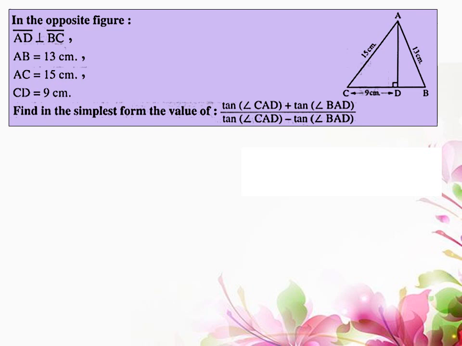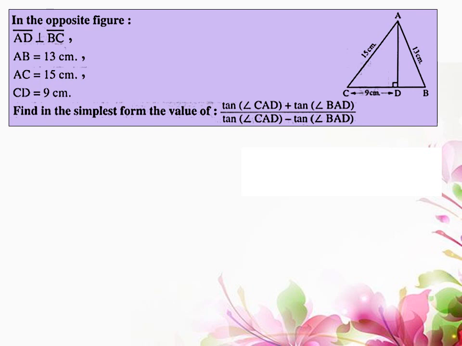Let's see another example. In the opposite figure, AD is perpendicular to BC, AB is 13 centimeters, AC is 15, and CD is 9. Find the simplest form of the value tan of angle CAD plus tan of angle BAD over tan of angle CAD minus tan of angle BAD.